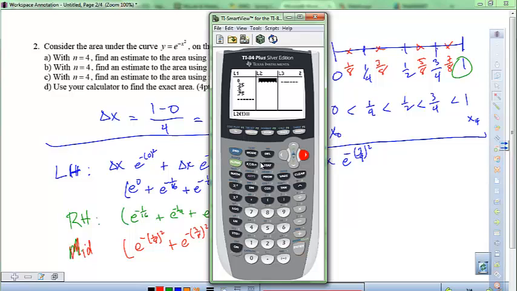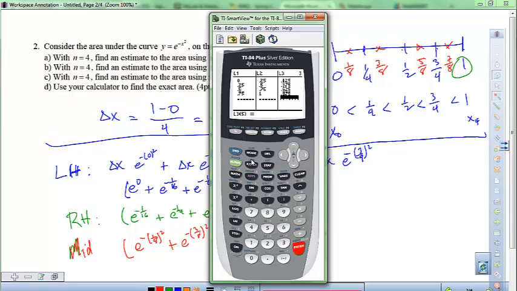Actually, while we're at it, we might as well fill in the rest of these values. L2 is going to be for my right hand: 1/4 for my first one, 1/2, 3/4, and then 1. And then for my midpoint, I'm going to put 1/8, 3/8, 5/8, and 7/8.